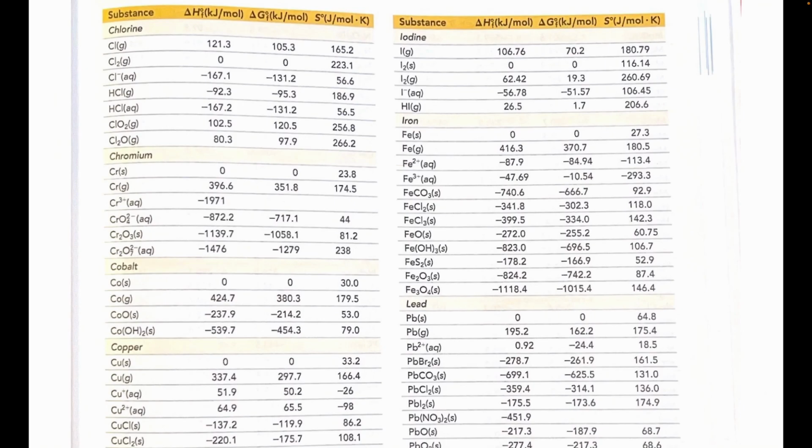So my reactants are this lead ion and the chloride ion. And my product is that solid lead(II) chloride. Okay, so I'm just going to copy this back on our other page here.